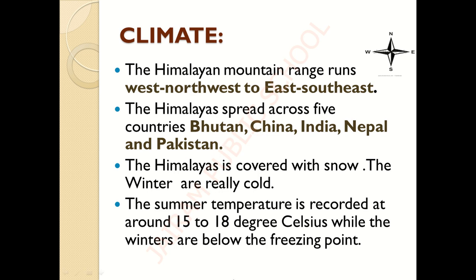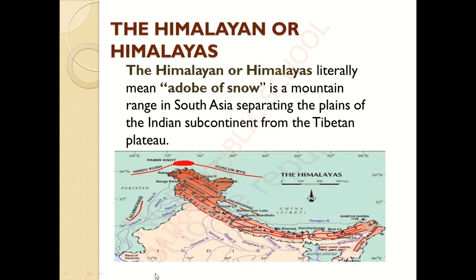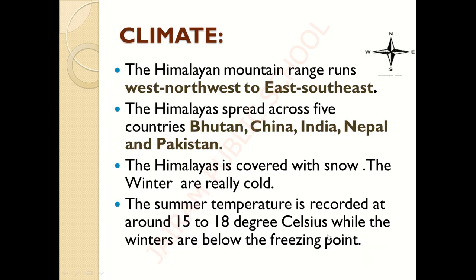And next, we have also noticed many countries are covered in this Himalayan region, isn't it? Not only a single country is covered in this region. The Himalayas cross many countries. Among them, the Himalayas spread mainly across 5 countries. So what are all the countries?